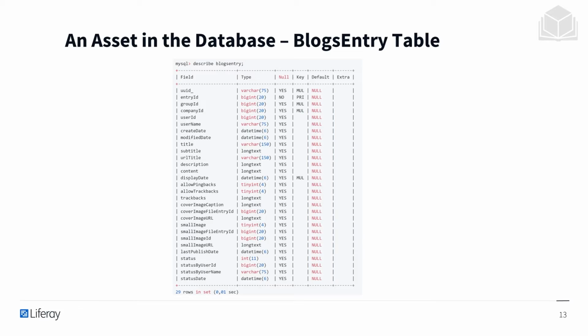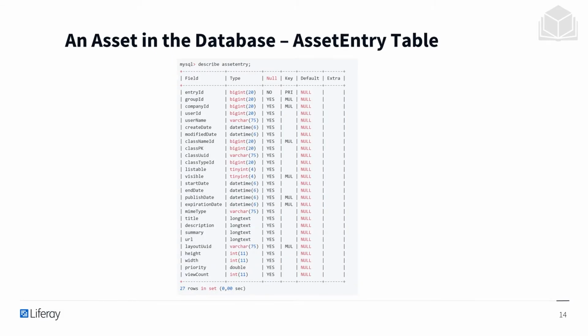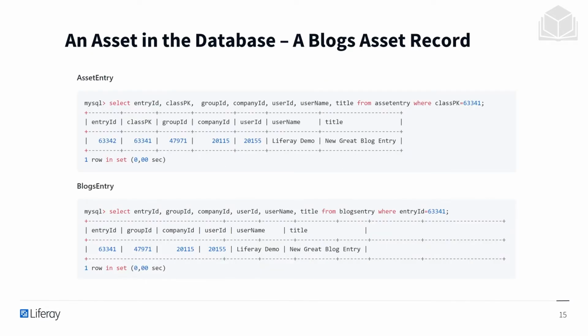This is an example of an asset in the database. Specifically, this is a table for blogs entry. Here you can see the table for asset entry, which contains a subset of blogs entry. And here you can see a blog's asset record in both the asset entry and blogs entry.